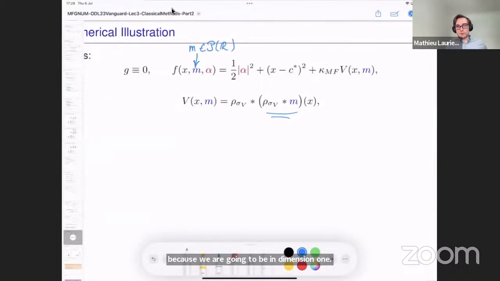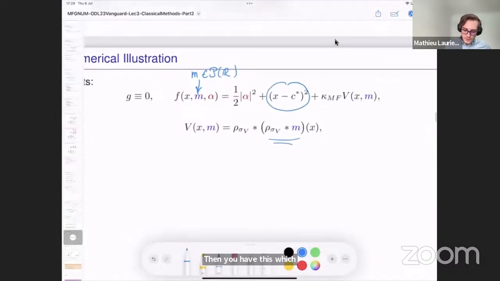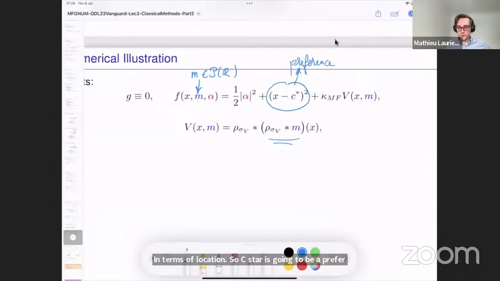For the convolution to make sense, you probably want some condition. So 1 over alpha squared is the cost to move. Then you have this, which is some kind of spatial preference in terms of location. C star is going to be a preferred location where people want to go.